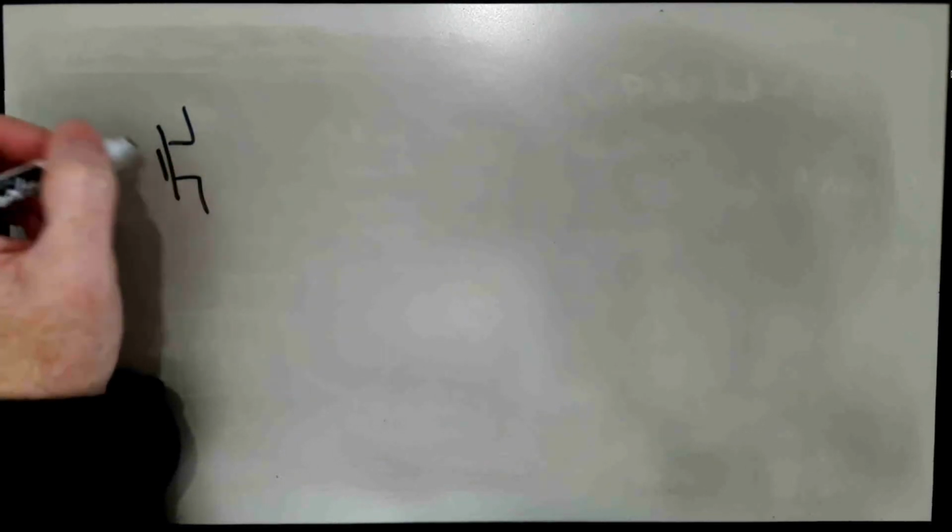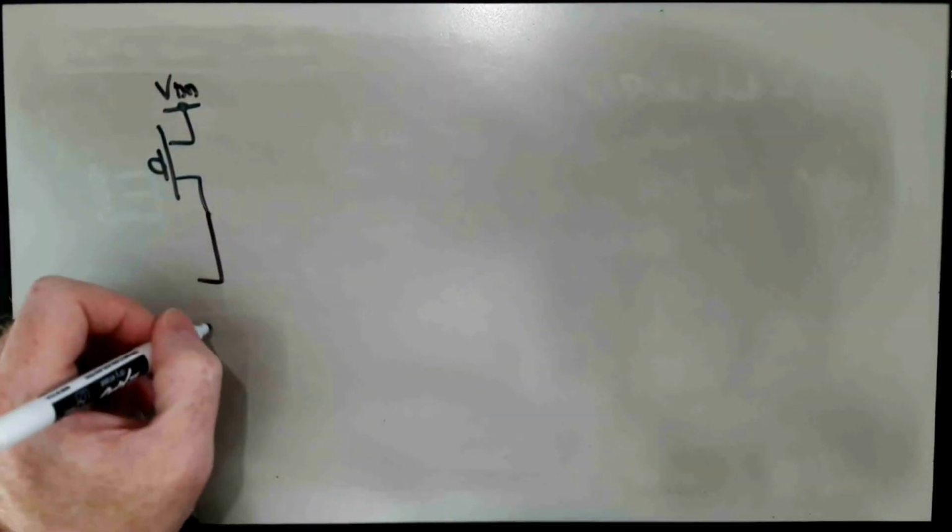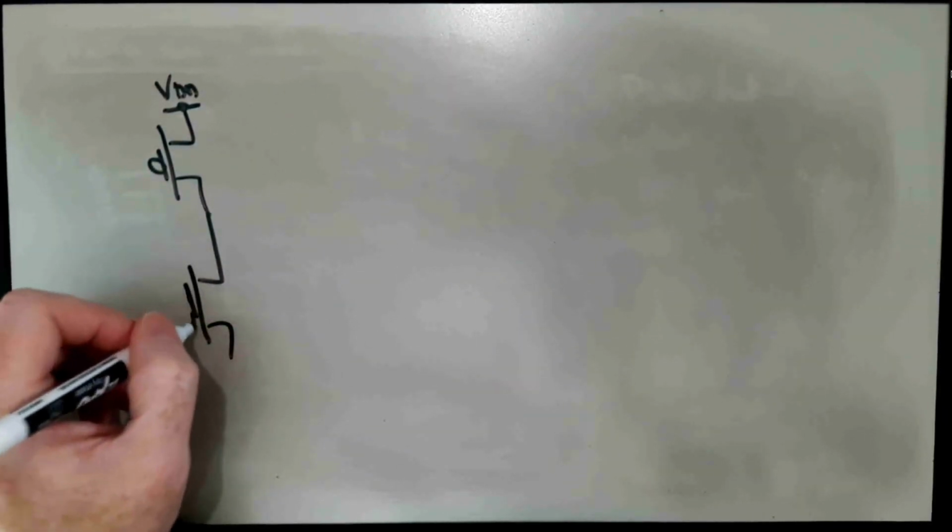That is where the pull-up network comprises a single Pmos transistor, and the pull-down network comprises a single Nmos transistor.